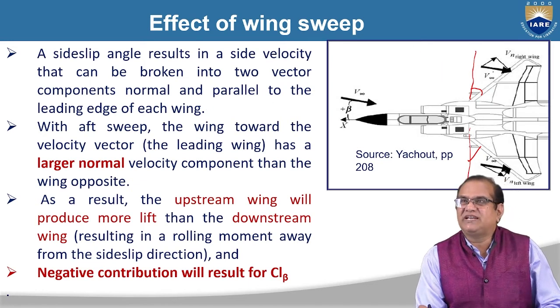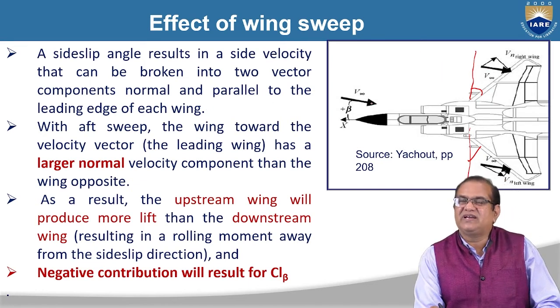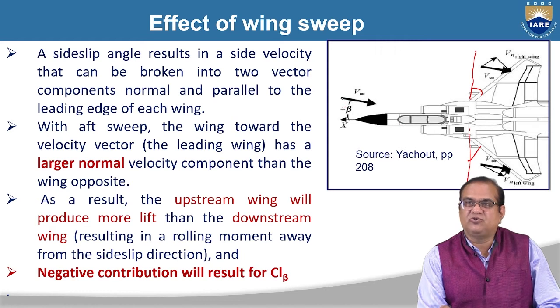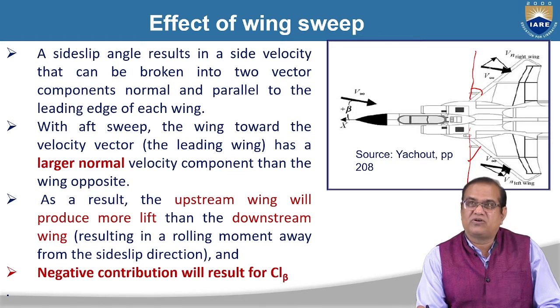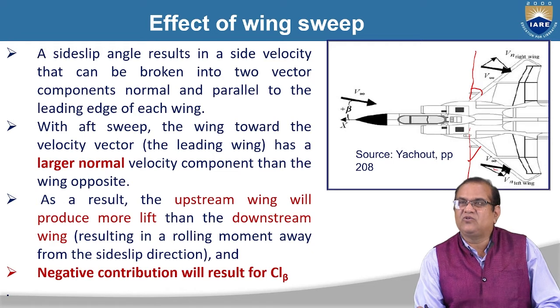So here, this is the right wing and this is the left wing, and this beta is positive because the wind is coming from the right direction. On this side you will have more velocity, and here you have less velocity.